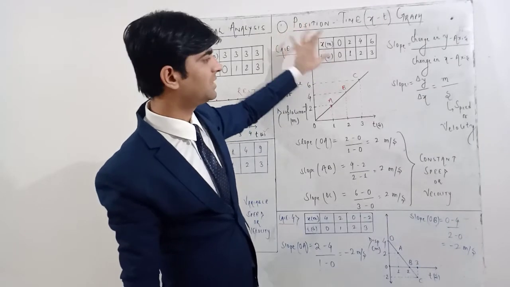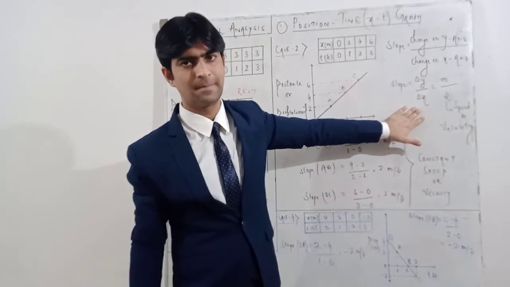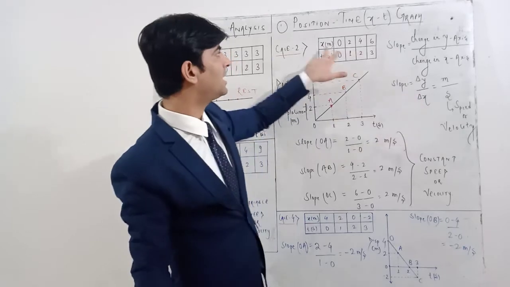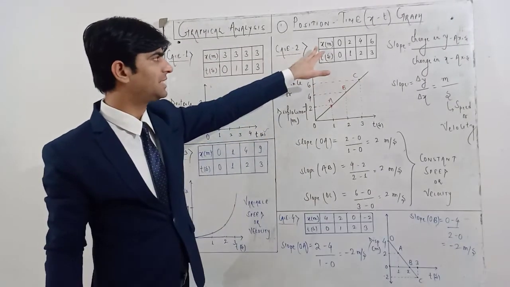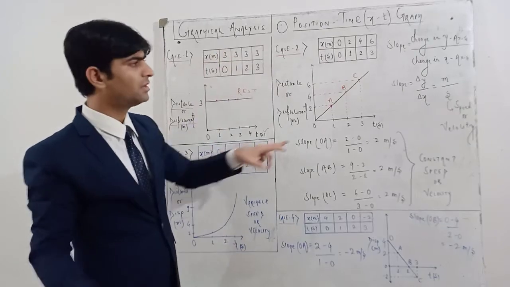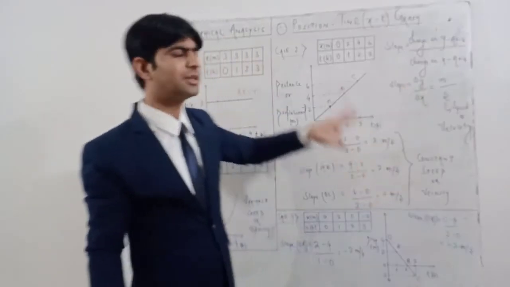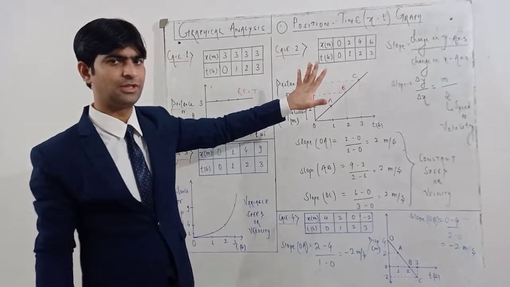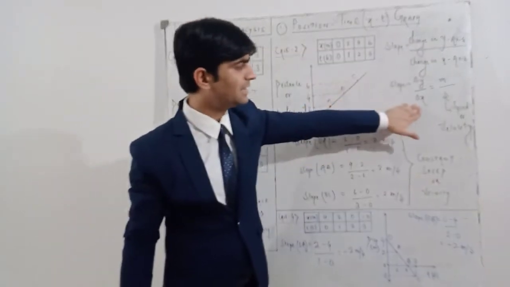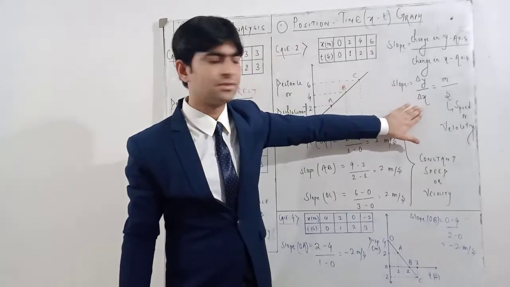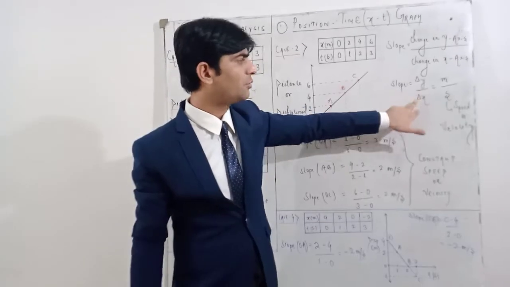This x is different, this x is different. Don't get confused. Here I can write y also. If you are getting confused, you can replace this x with y, or you can replace it with z also, there is no issue. But here the x indicates distance or displacement, and here the x indicates the axis. So slope is equal to del y upon del x.